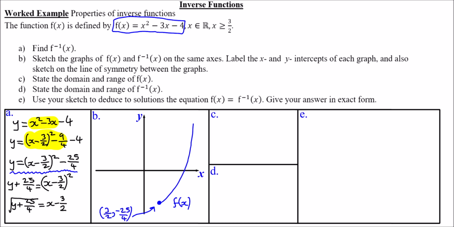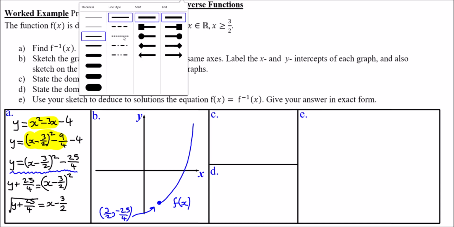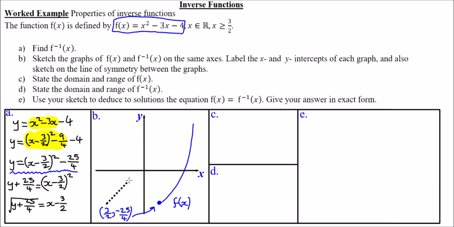Now what we've learned is that the inverse will always be a reflection of the original in the line y equals x. So if I think about this now, we can consider the plus or minus version of this square root of y plus 25 over 4. If I reflect this in the line y equals x, quite clearly, I'm hoping, it's going to be something like this.